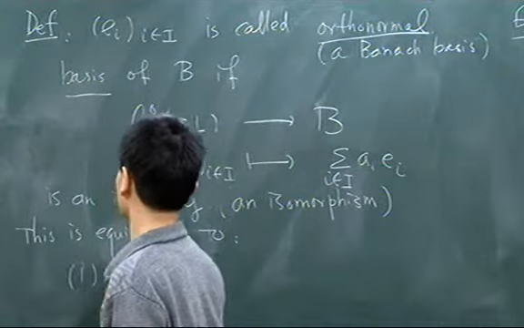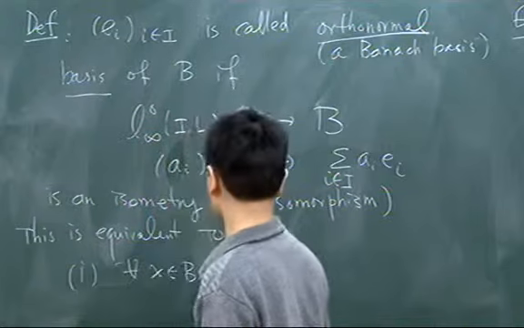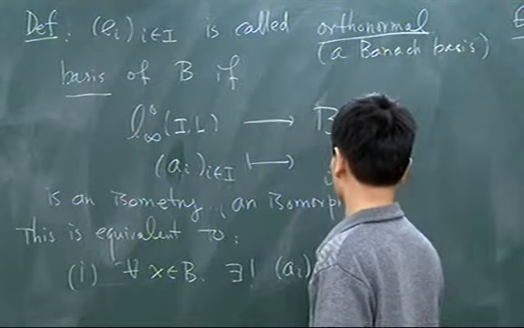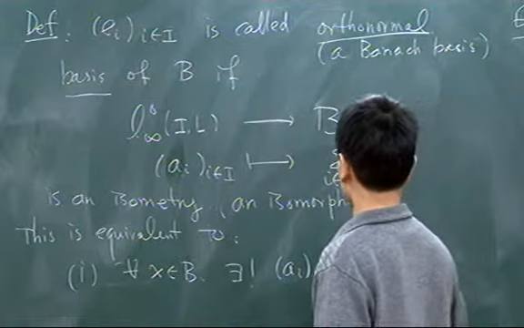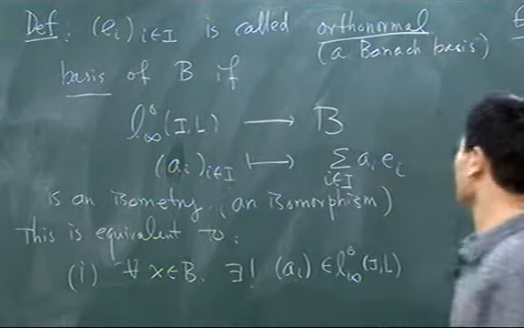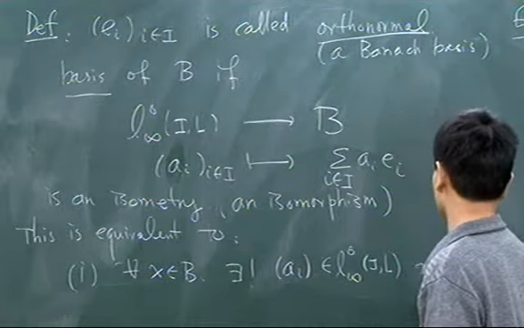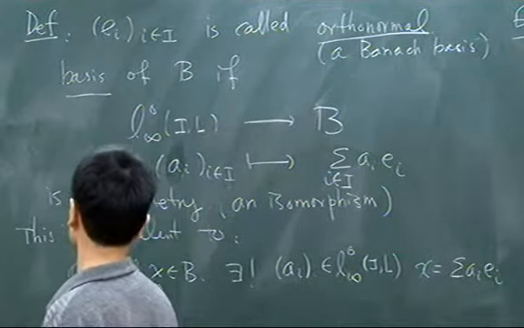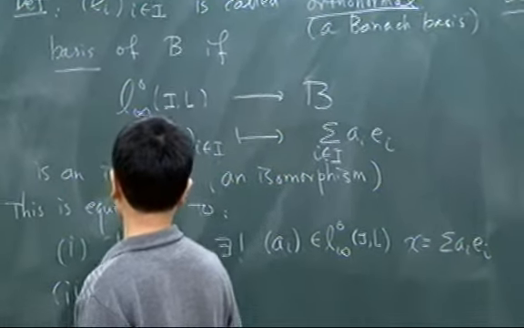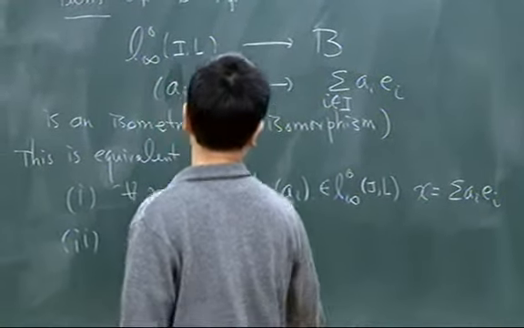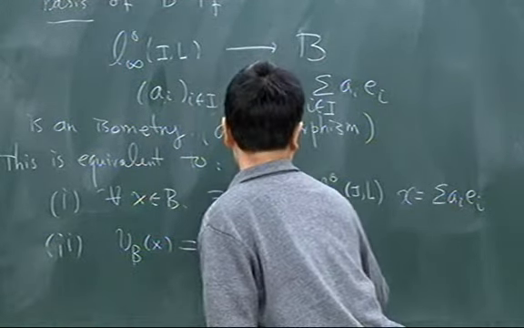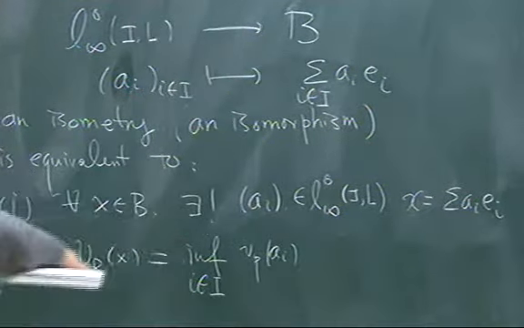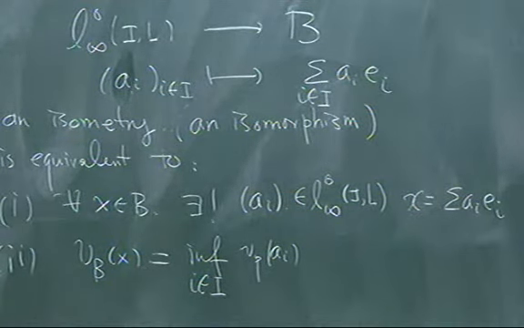First, for any x in B, there exist a_i going to 0 such that x is the sum of a_i e_i. And the second one is that v_B(x) is always the minimum of v_p(a_i). The second one means it is an isometry; the first one means it is an isomorphism.